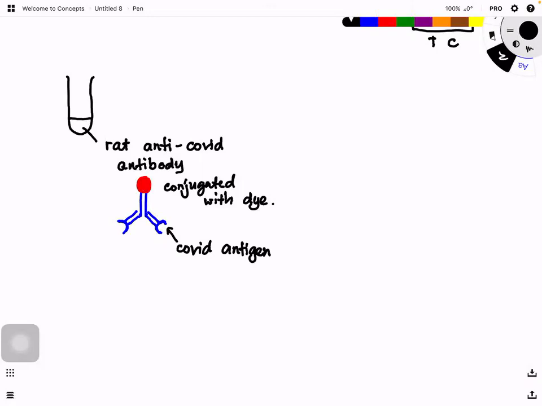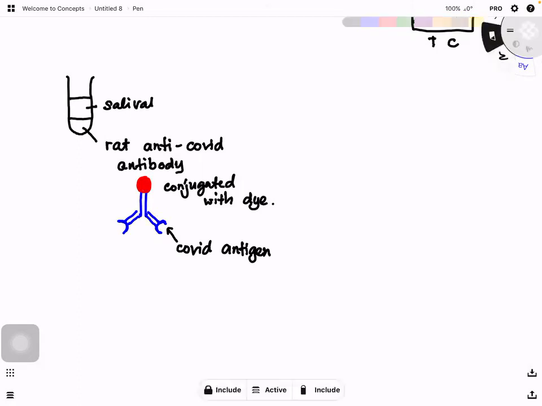Look at this. Now, what will happen if you add in your saliva sample?